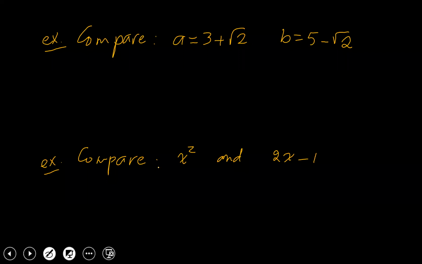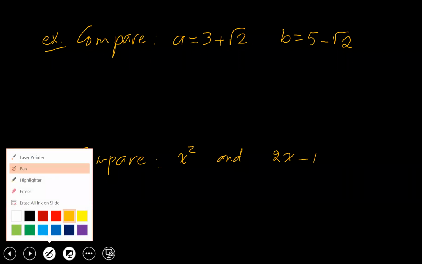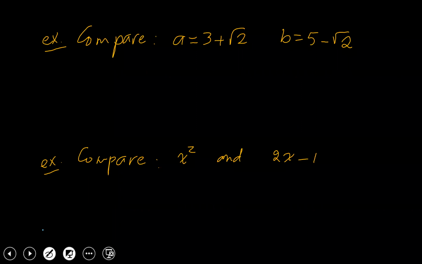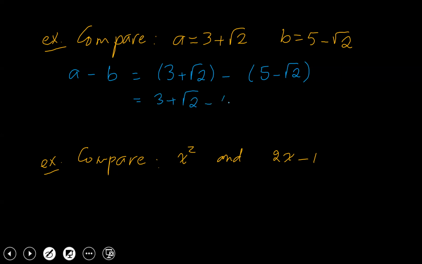Okay, let's see. By subtraction, let's subtract the first two real numbers, a minus b. That is 3 plus radical 2 minus 5 minus radical 2. Let's see which one is greater. Now we get 3 plus radical 2 minus 5 plus radical 2. Radical 2 plus radical 2, 2 radical 2 minus 2.